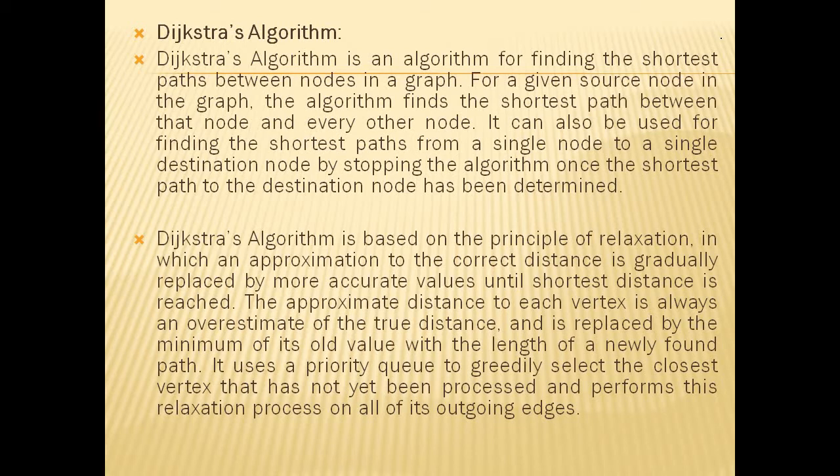Means already if you calculated any path from one vertex to another vertex, in future if we found any shorter path to travel from that vertex to another vertex, then we'll replace the previous path with the new one. That's the only difference compared to other things.